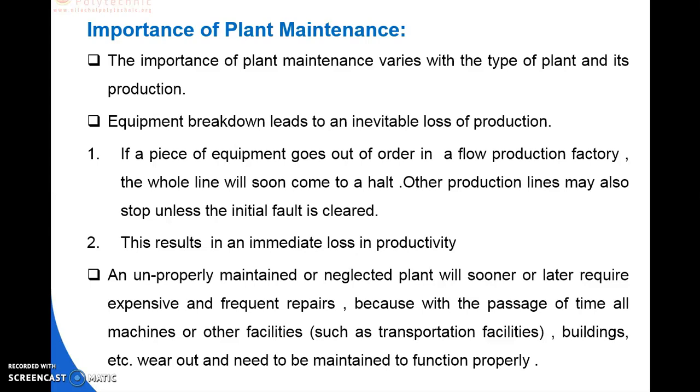So as soon as you do not make corrective measures for the breakdown of a machine, that will create a loss in production. Improperly maintained or neglected plant will sooner or later require expensive and frequent repairs, because with the passage of time all the machineries, other facilities and buildings wear out and need to be maintained to function properly.